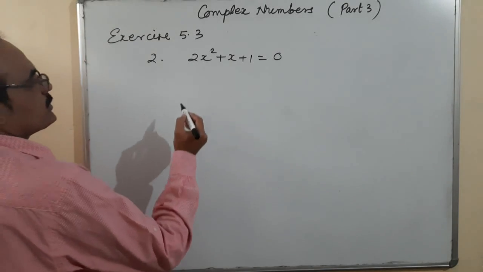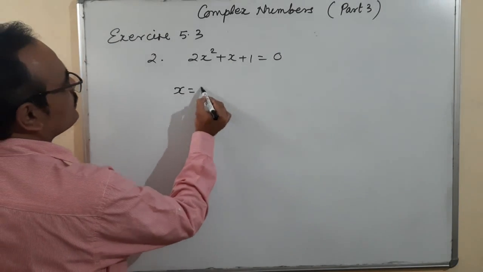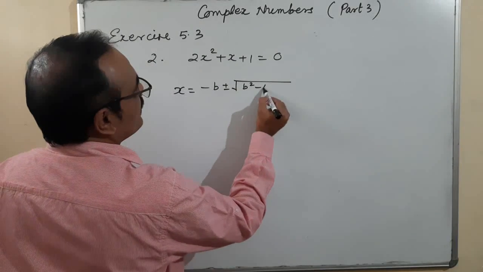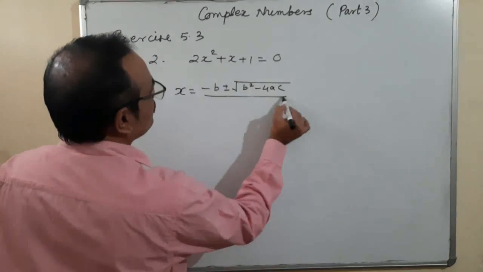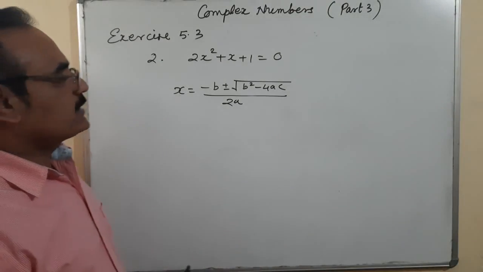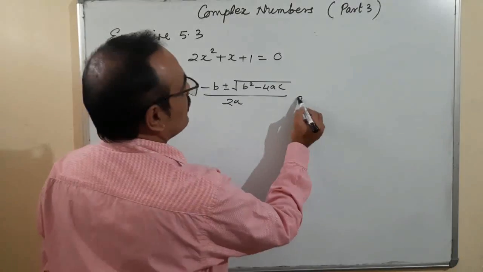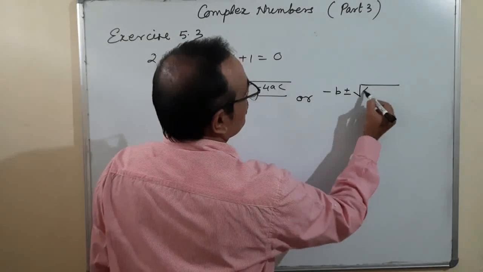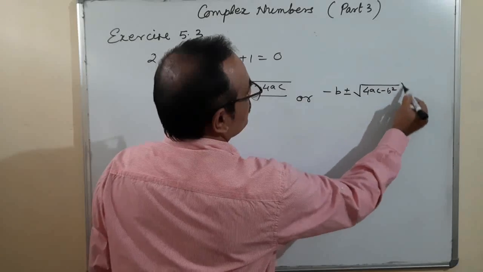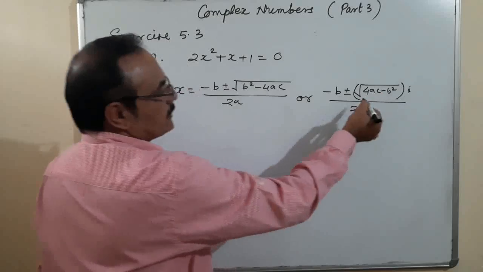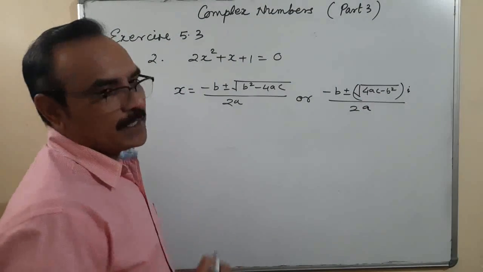The quadratic formula is x is equal to minus b plus minus under root b square minus 4ac upon 2a. And the second formula, or minus b plus minus under root 4ac minus b square into i upon 2a, is for imaginary roots.